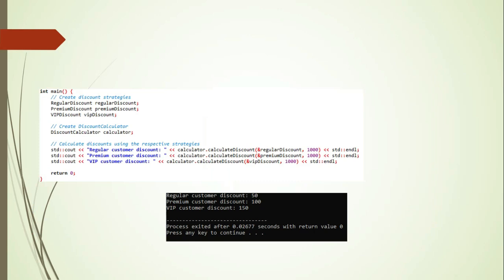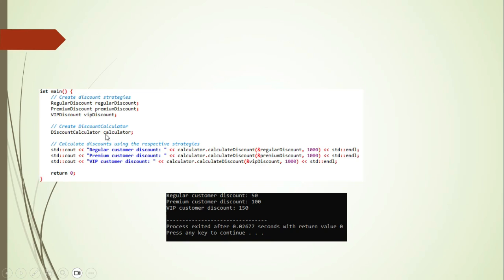Now come to the main function. The main function demonstrates the use of the discount strategies. We create instances of regular discount, premium discount, and VIP discount. So these are the objects created with the same names as these classes, and we have created a discount calculator instance with the name calculator.